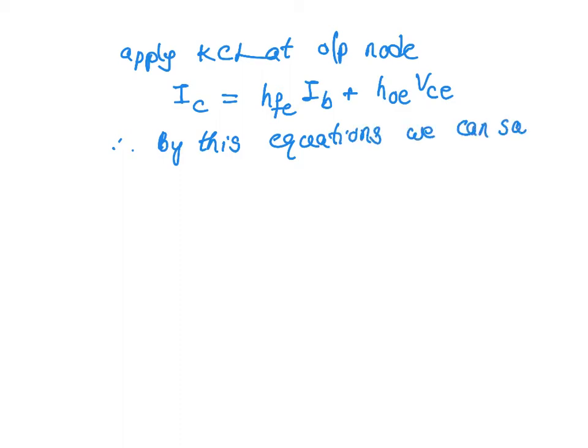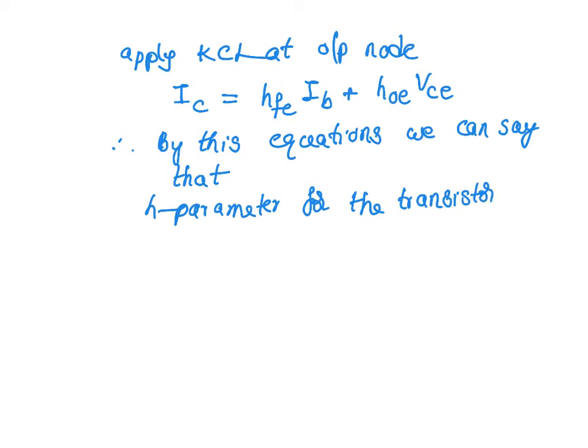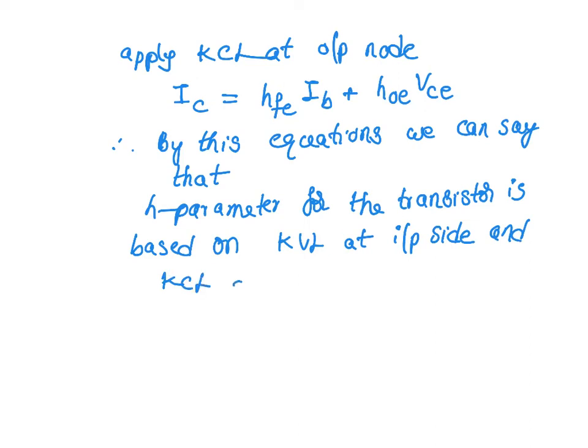So by these equations we can say that the H parameter model for the transistor is based on KVL at the input side and KCL at the output side.